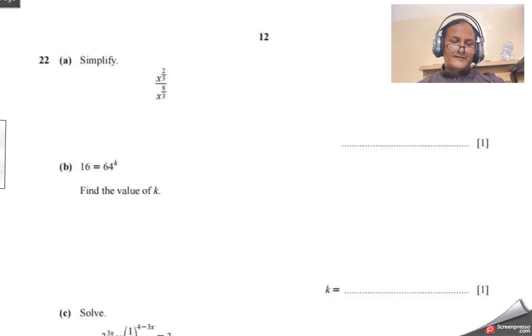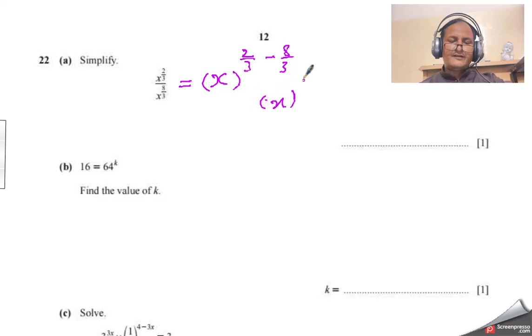Okay, we have a question over here from indices. When the bases are the same, in multiplication we add the exponents, and in division we subtract them. Here we have x to the power 2 by 3 minus 8 by 3, then x to the power minus 6 by 3, so x to the power minus 2.